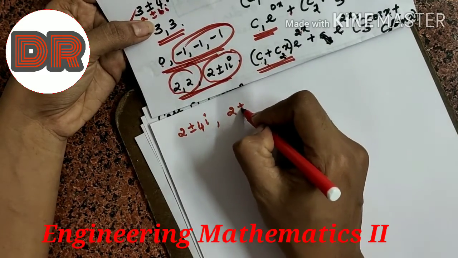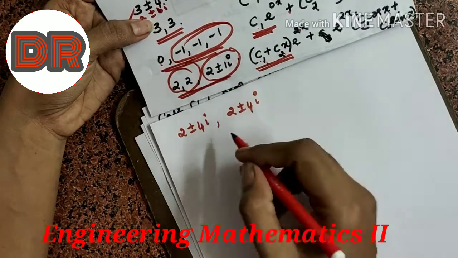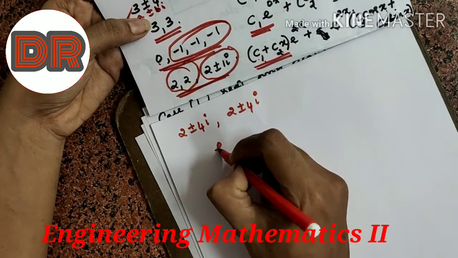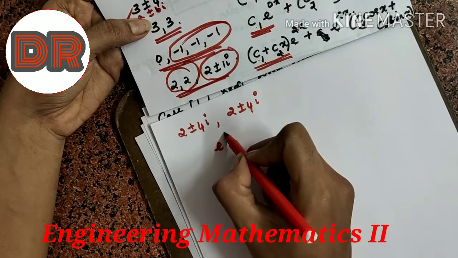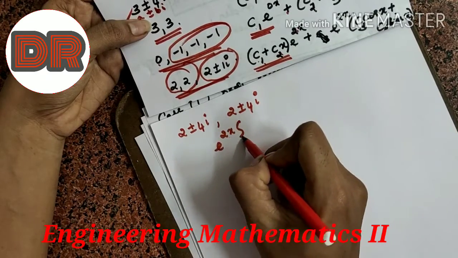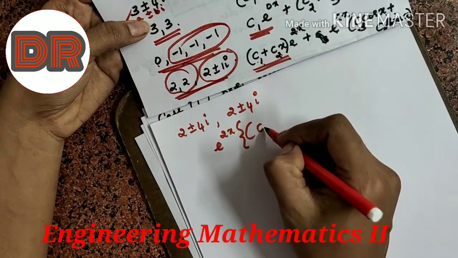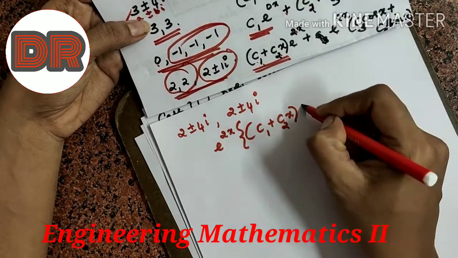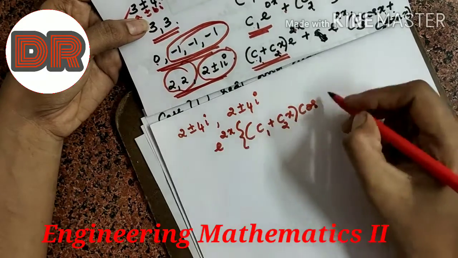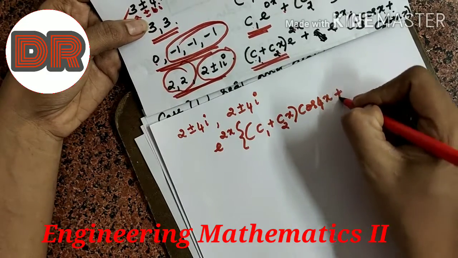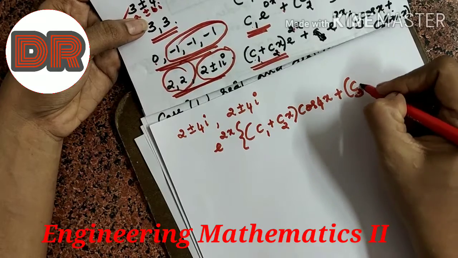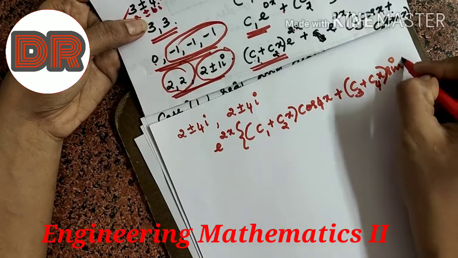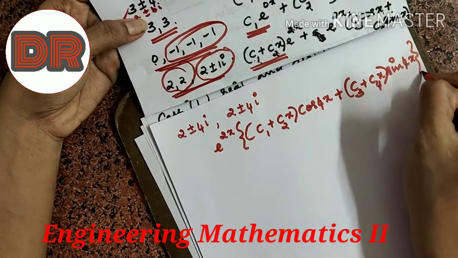Then the solution will be e to the power 2x into, since it is repeated, I have to write c1 plus c2x cos 4x plus c3 plus c4x sin 4x. This is how we write the solution.